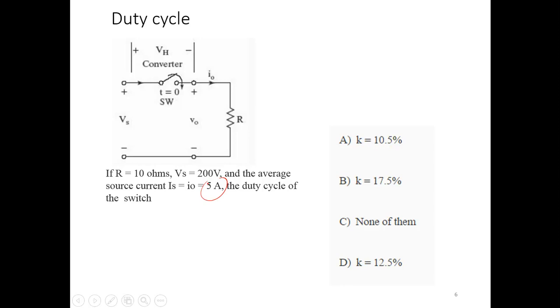The average current from the source is the same as the supply current. Once you know the output voltage and there is a resistance, by V by I you can find the output current, and then since the current is given, you should be able to find how much the duty cycle was.